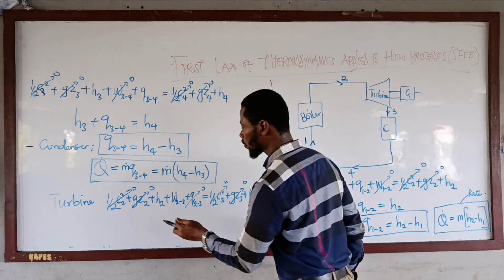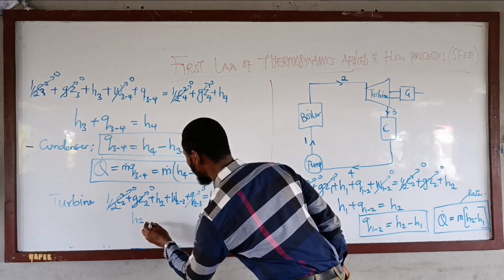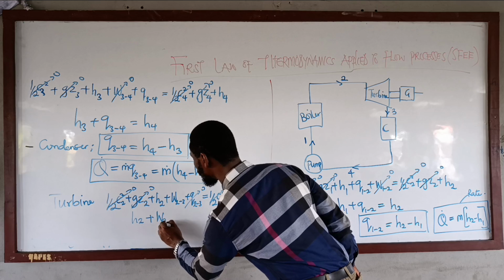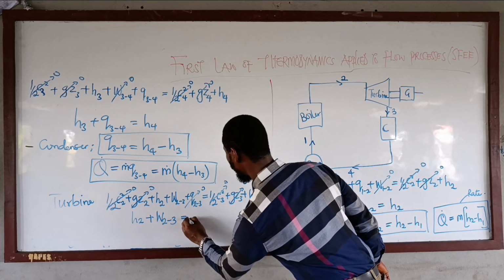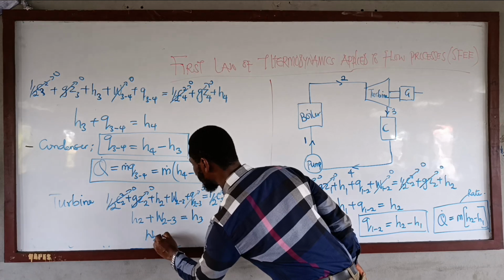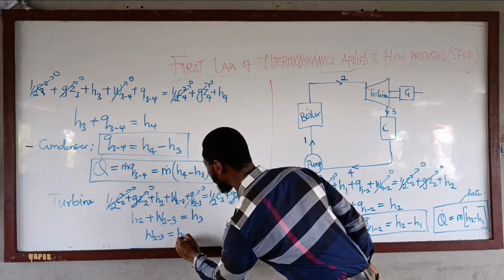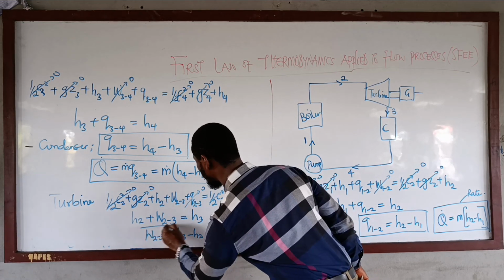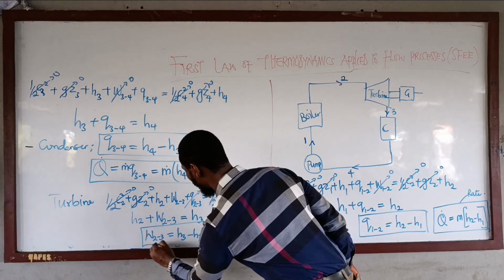So what are we left with? We are left with H2 plus W2 to 3 equals H3. So W2 to 3 becomes H3 minus H2. That is for the turbine.